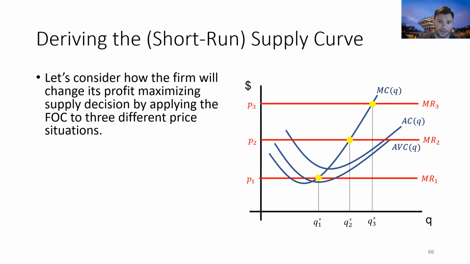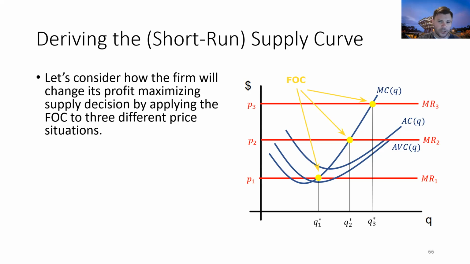Notice at each of these allocations, we're applying which condition here? Yes, that is the first order condition. That's identifying those points.